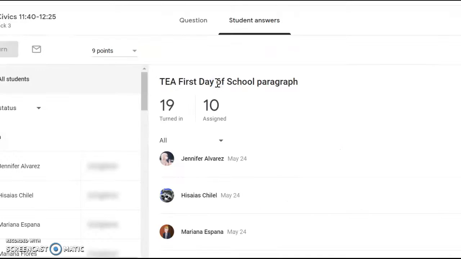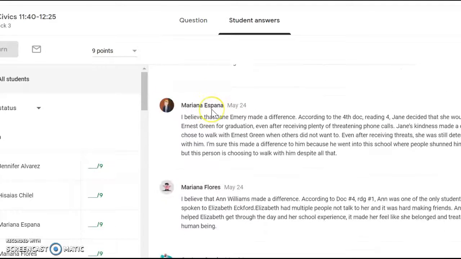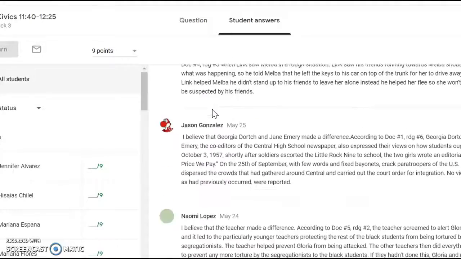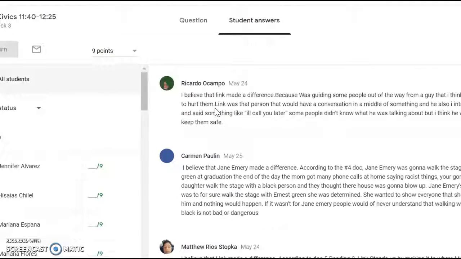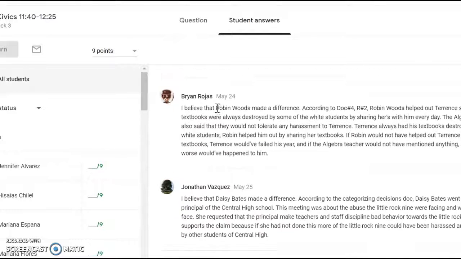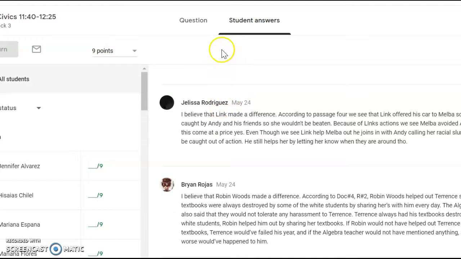All you're going to do is post your paragraph into this answer, okay? As you can see, the other students have basically just pasted a paragraph for every one of their classroom question answers. It's just an easier way for me to grade all on one page instead of clicking on tons of documents. Hopefully that clears up any questions.